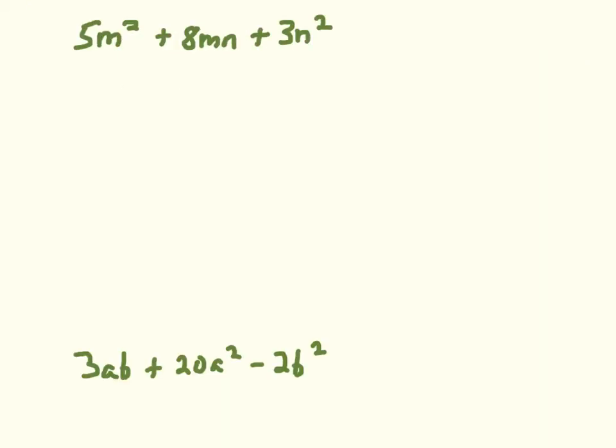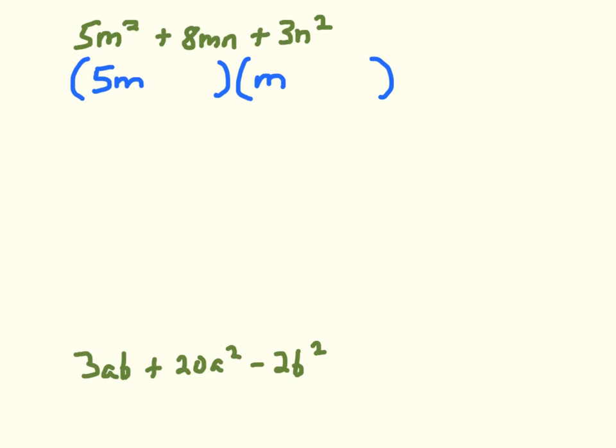Okay, so on this next one I have 5m squared plus 8mn plus 3n squared. The degree of difficulty added here is that I have a second variable along for the ride. But the 5m squared is easy to determine. That's 5m times m. I know I'm going to have everything being addition because I have addition there.